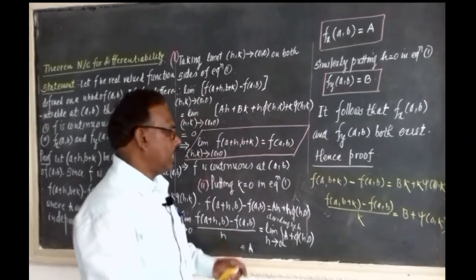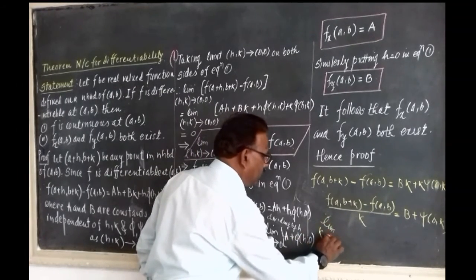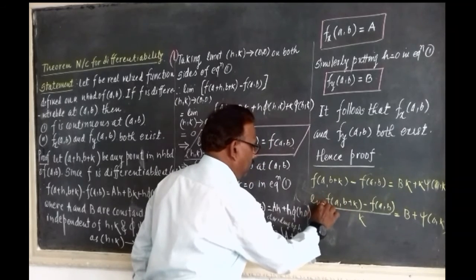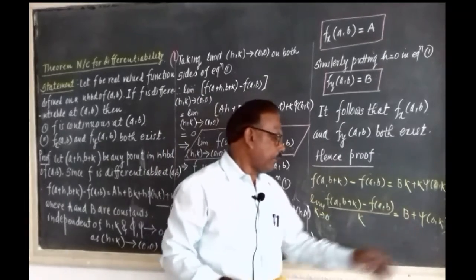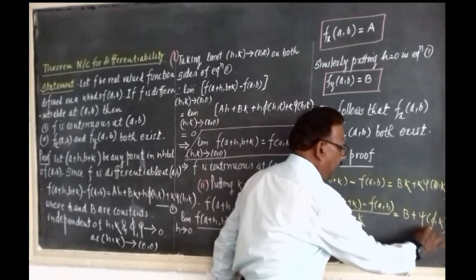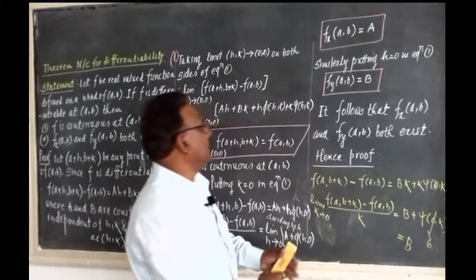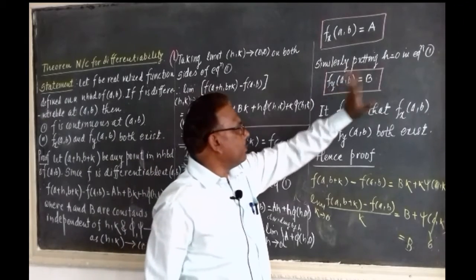Now you are taking the limit as k tends to 0. What will happen on the right hand side? This part will be directly 0 and there is only b, and it is the partial derivative of the function with respect to y at point (a, b).